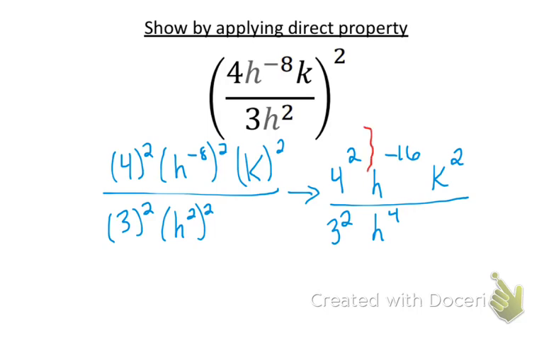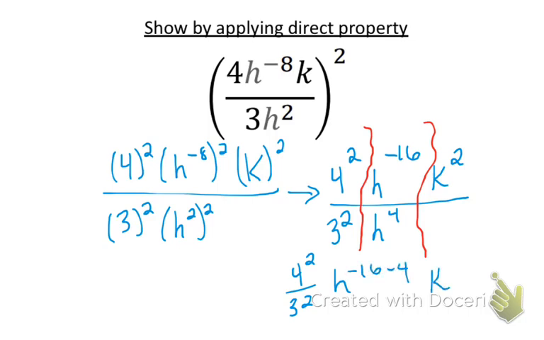Okay, so again, I'm going to split this up because it looks nicer like that. The 4 and the 3, not the same base. My h, I have a negative 16 minus a 4, and my k, well, is just k squared. So I'm going to simplify.